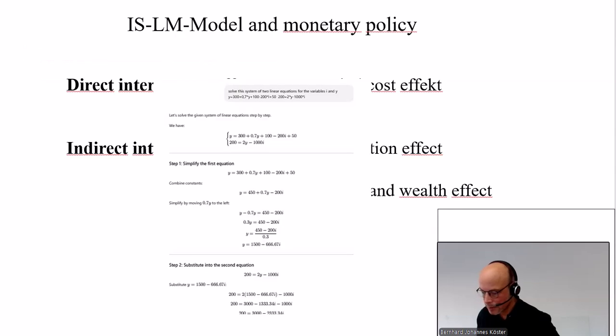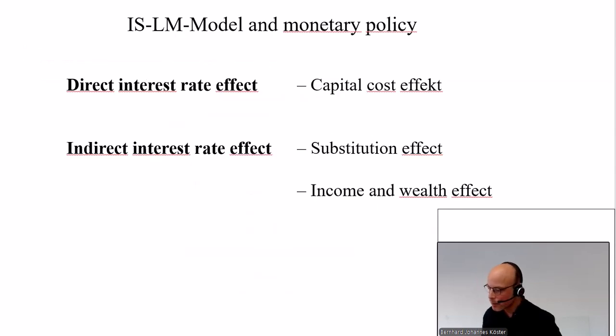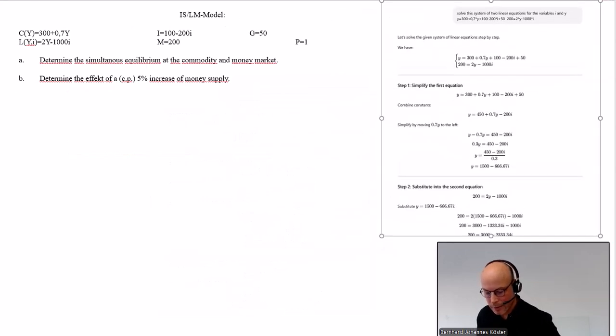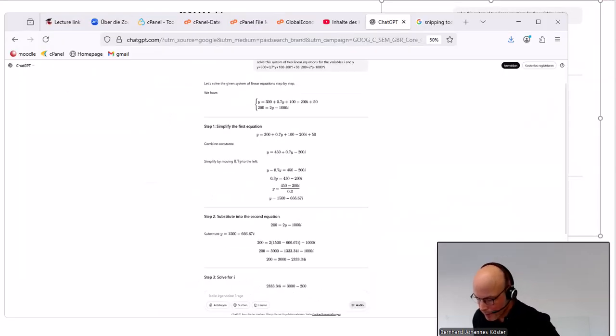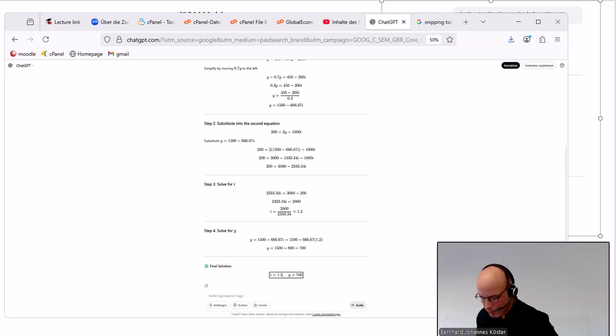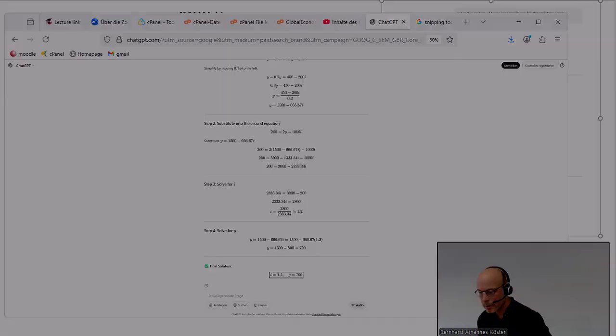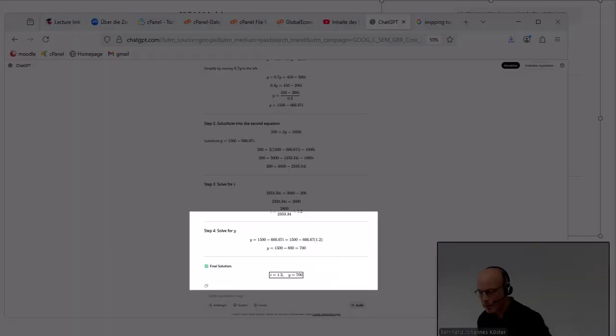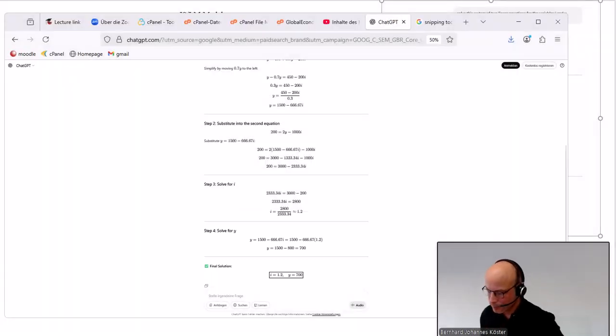And then this one, and here we have it. And oh, here we are already. So Windows Umschalt S and the solution.